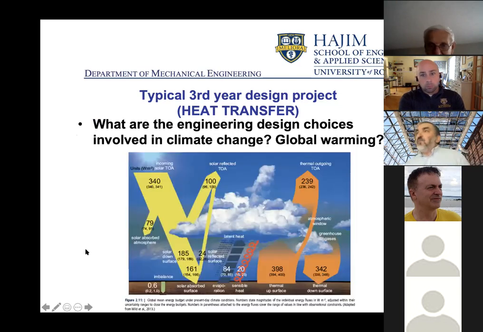One very important part in heat transfer is understanding the science of global warming. I always tell my students that there's no question that global warming is taking place. Nobody's arguing that global warming is or is not happening. Everybody agrees that global warming is taking place. The big political question is who is screwing up the global warming, so to speak. In other words, who is responsible?